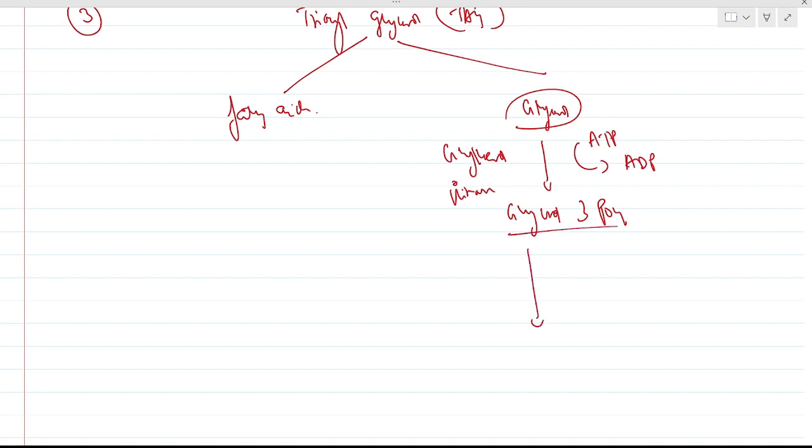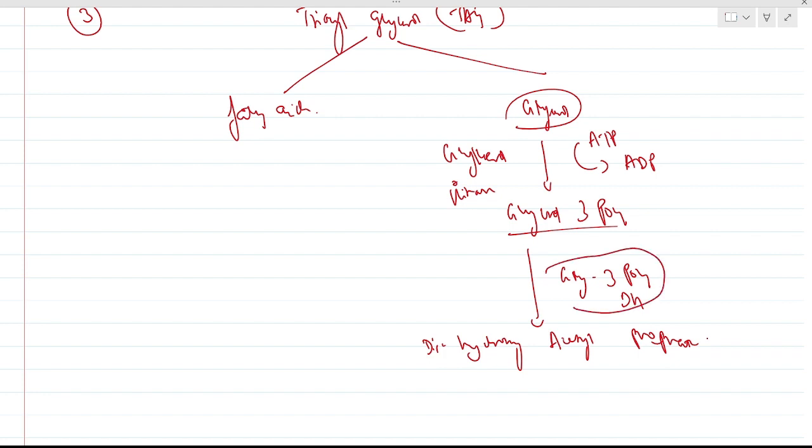Now this glycerol 3-phosphate will be converted to dihydroxyacetone phosphate. The enzyme is glycerol 3-phosphate dehydrogenase. Remember, glycerol 3-phosphate dehydrogenase, not glyceraldehyde 3-phosphate dehydrogenase.